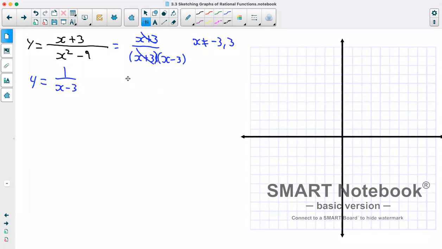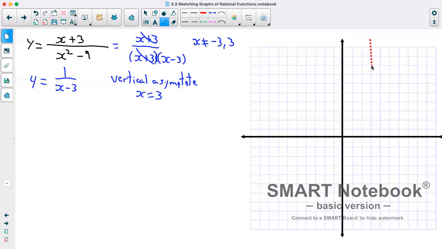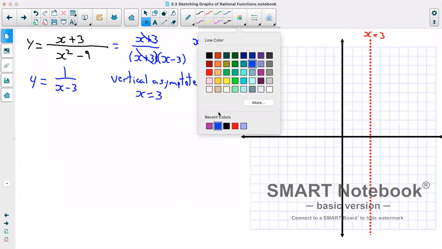So right away, we know we have a vertical asymptote at x is equal to 3. So we'll draw that in. We'll also make sure we label that. And then we'll figure out where our hole is.